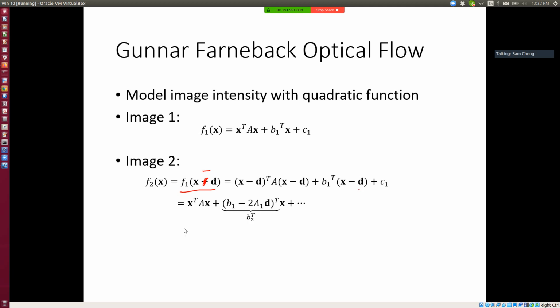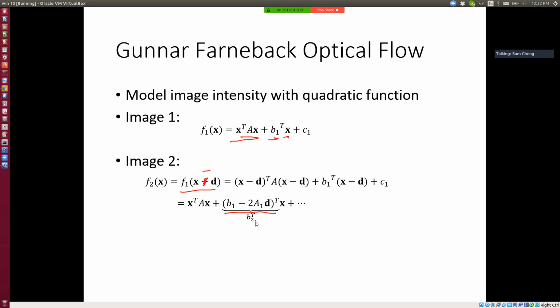Then if I re-expand that, we'll just compare these two guys here. The second order is the same, so I have the same term here. But for the first order, with respect to x, b1 here is equal to, in the second image, this guy here, right? I can call it b2 for the second image.